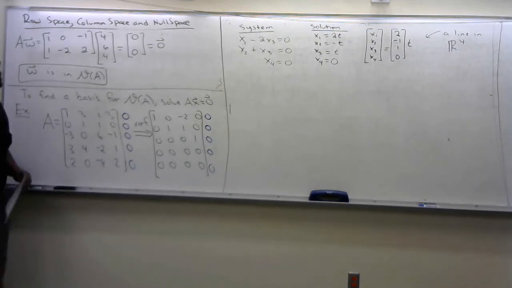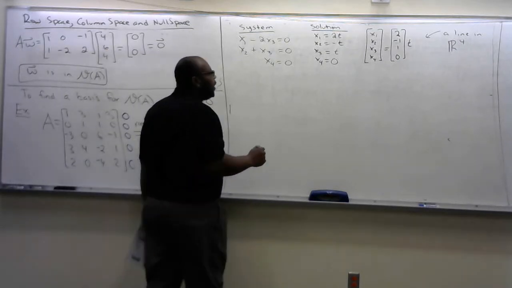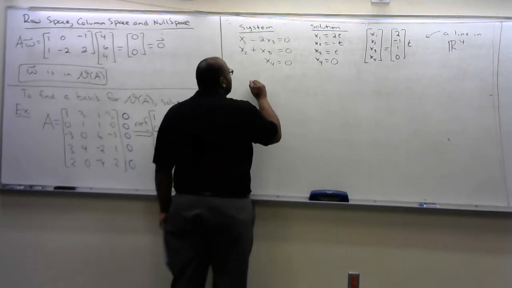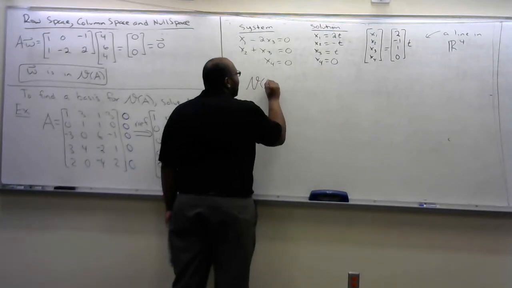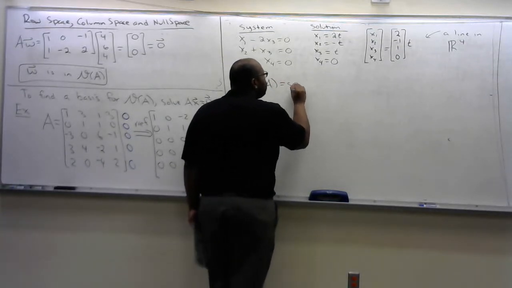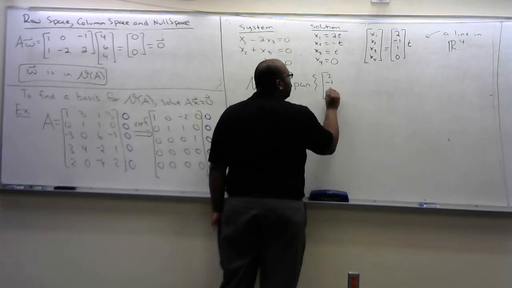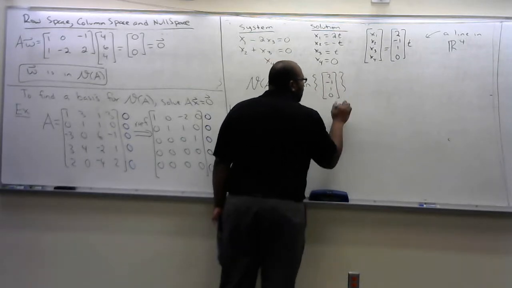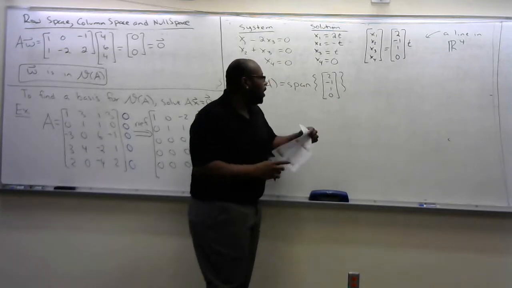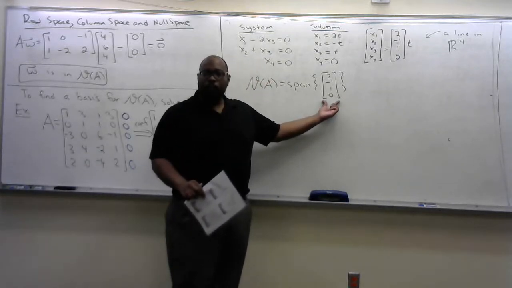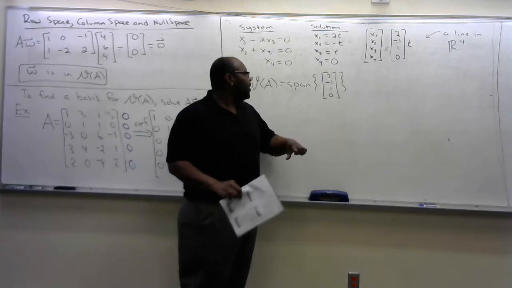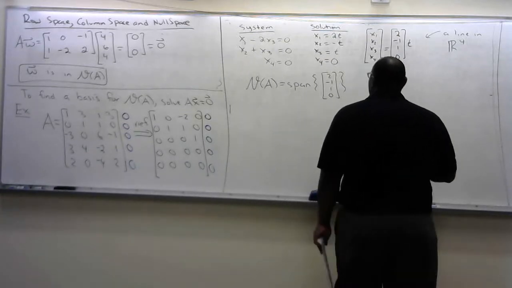So what's my basis then? My basis is just going to be that one vector. I can say the null space of A is equal to the span of this one vector, 2, negative 1, 1, 0. What's the dimension of my null space?